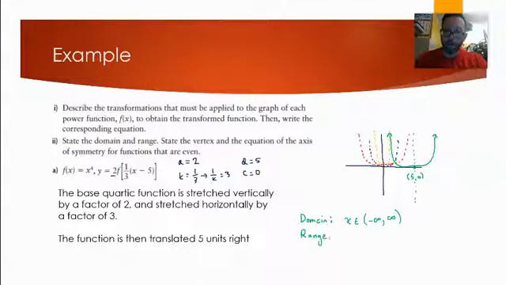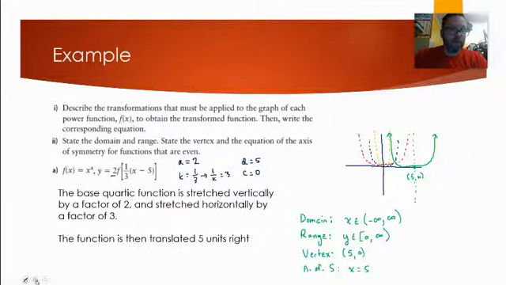So if it opens upwards, it's going to include that lowest value, which is 0, and then it shoots off upwards to infinity. The vertex, as we visualized, is 5, 0. And the axis of symmetry is the line x equals 5.